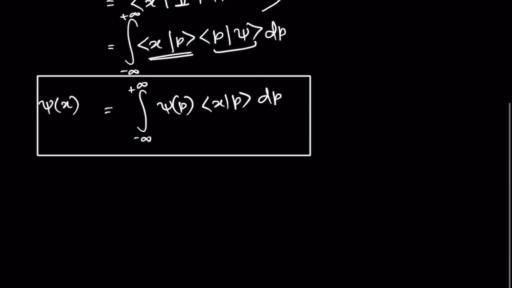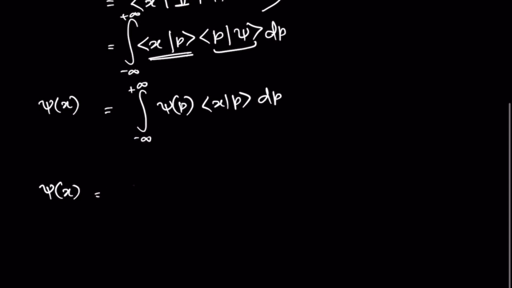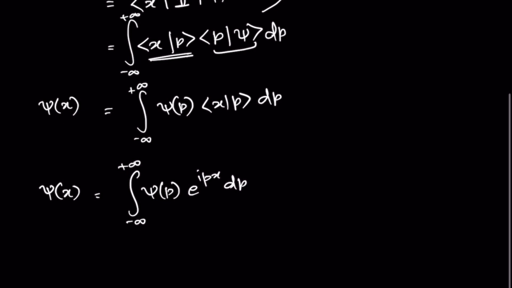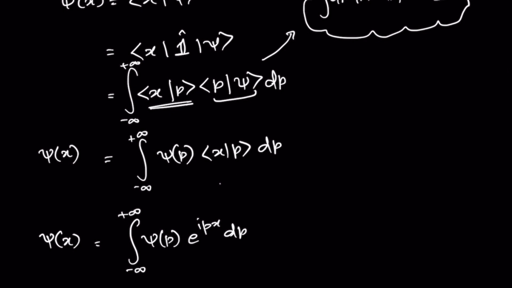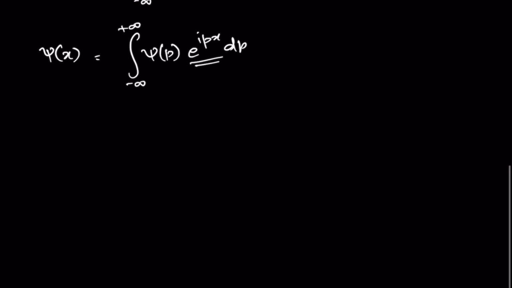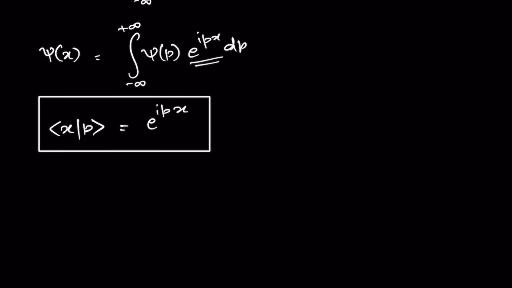So if we compare the two side by side, we have the integral from minus infinity to plus infinity of psi of p e to the power i px dp. And now if we compare both of these, clearly we get the result by direct comparison. So we say <x|p> equals e to the i px, and that is our answer.